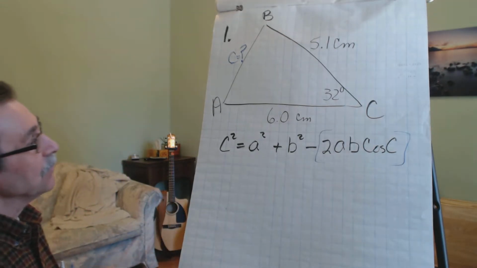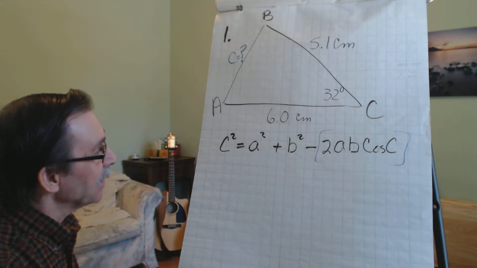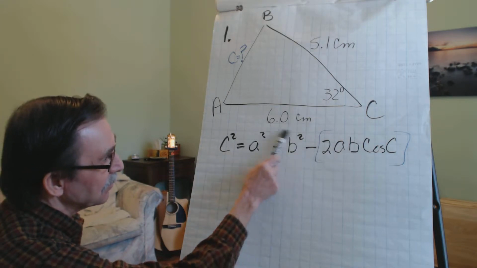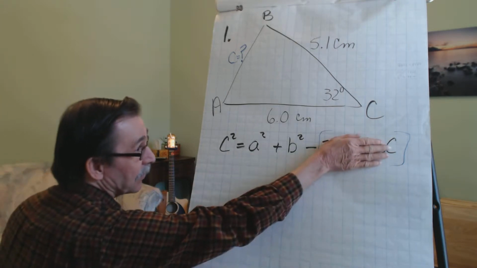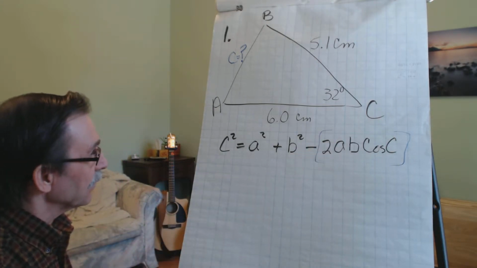We just plug in the numbers and out will pop an answer at the very end. You'll notice it bears resemblance to the Pythagorean theorem if I covered this part up, and there is a reason for that.